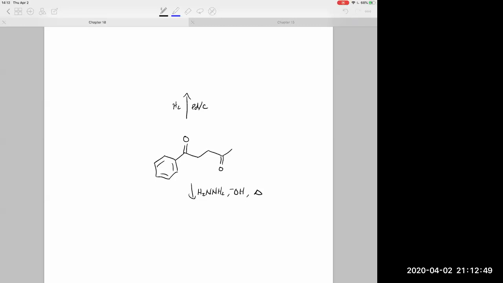All right, so again, the key here is that our palladium catalyst is only going to be able to reduce the carbonyl group that's directly next to the benzene ring, whereas Wolff-Kishner will be able to reduce that carbonyl group no matter where it is.